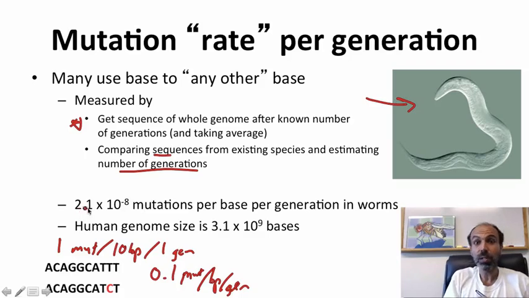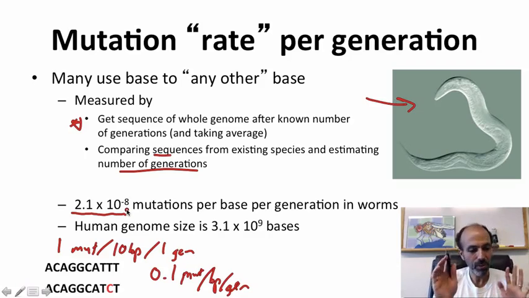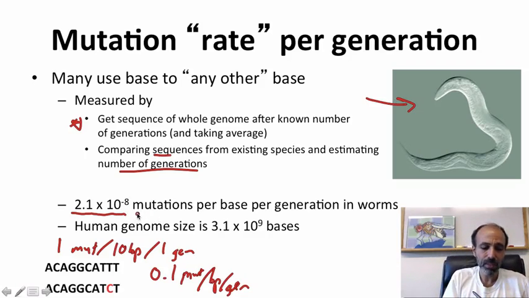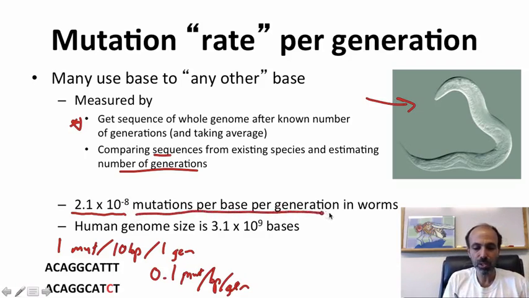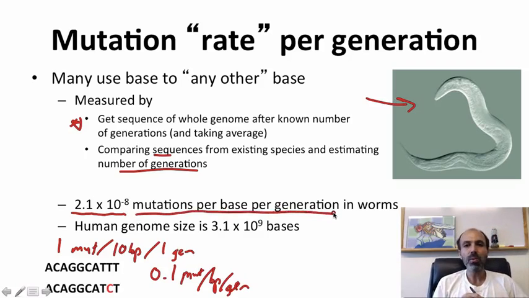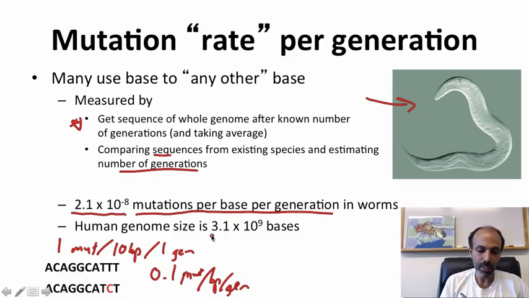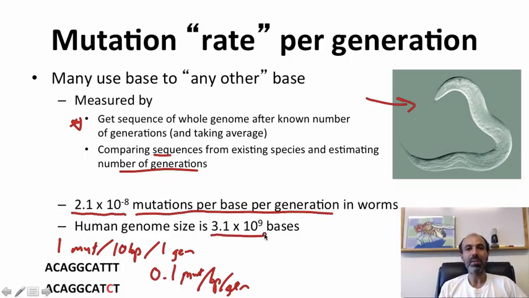This is an estimate of a mutation rate from worms for these C. elegans model systems. It's 2.1 times 10 to the minus 8. This sounds very small, but trust me, it's bigger than it seems. 10 to the minus 8 mutations per base per generation. Now, what would this actually mean if you apply this mutation rate to humans? Well, the human genome size is 3.1 times 10 to the 9 bases.